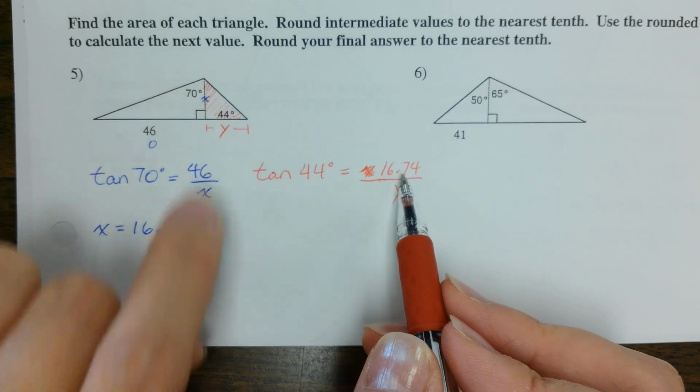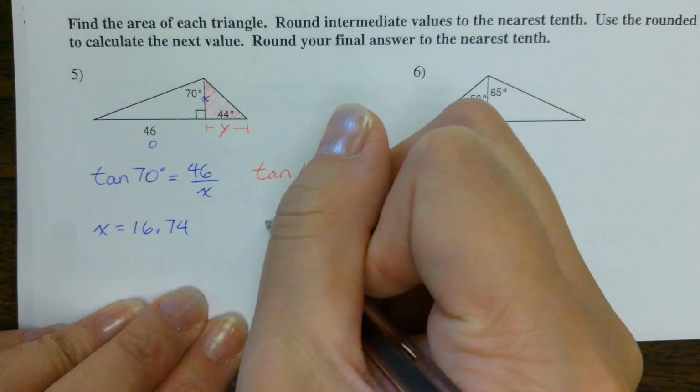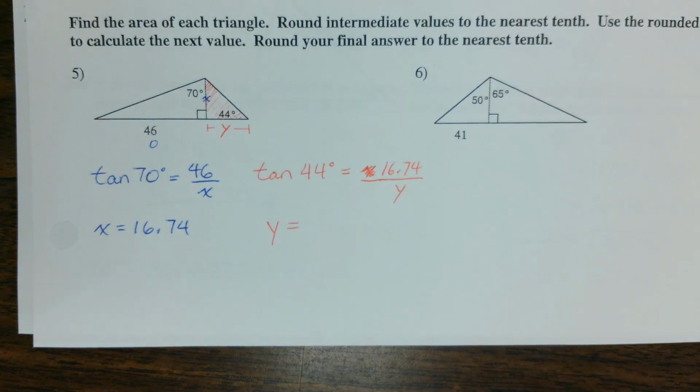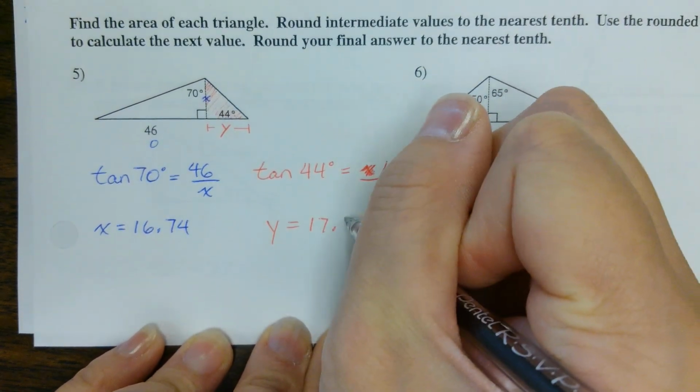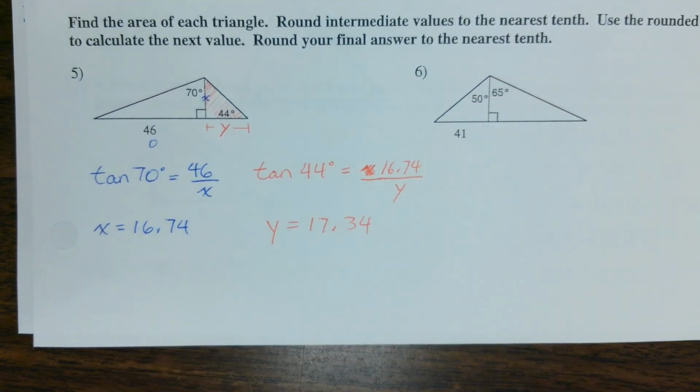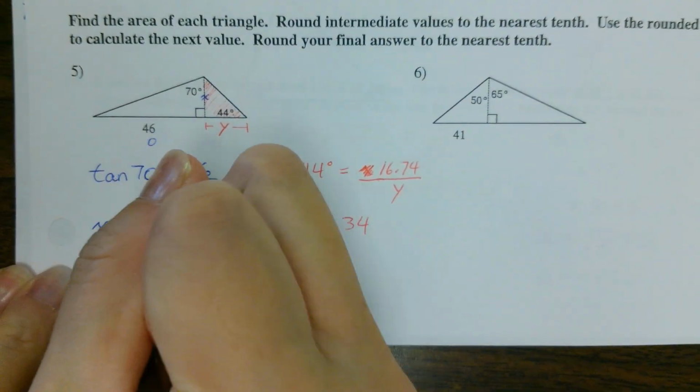All right, opposite, which is 16.74, over y. So y equals, when you divide it out, that divided by tangent 44, you get 17.34.